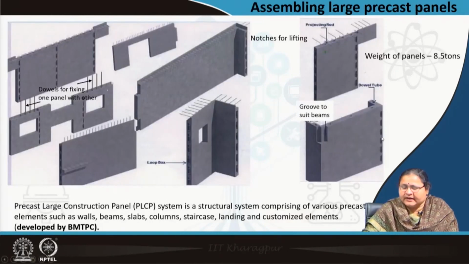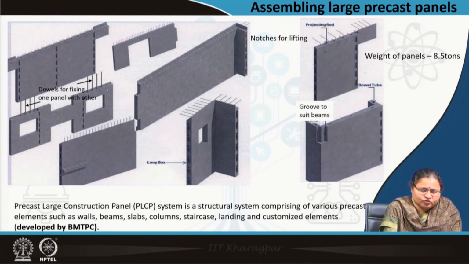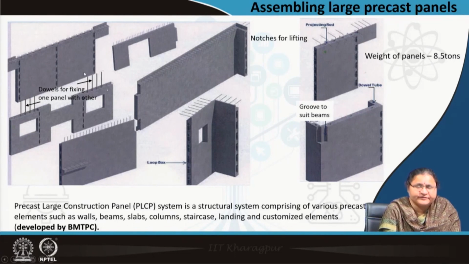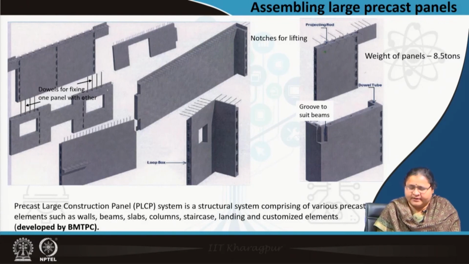This is a large precast panel. So, you have precast large construction panels. Here you see even the bends are there, even two openings are there, it is connected. You see the dowels are left, which will go and be received. This has also been developed by BMTPC. You see here at this end, a groove to suit beams.